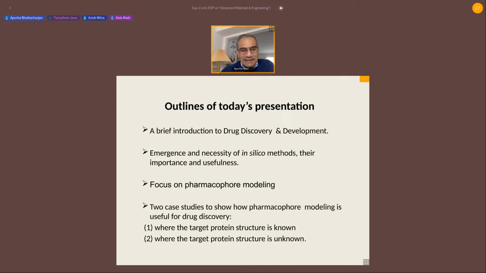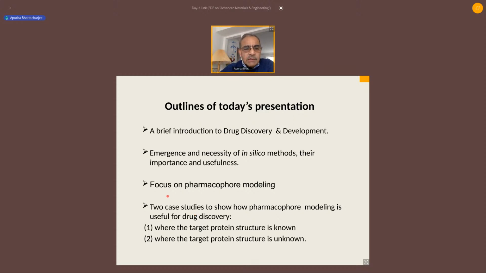Okay. So the outline will be the following: the emergence and necessity of in silico methods, their importance and usefulness, and my focus would be particularly on pharmacophore modeling. I'll present two case studies from our own research, where the target protein structure is known in one case, and in the other case the target protein structure of the disease is unknown.